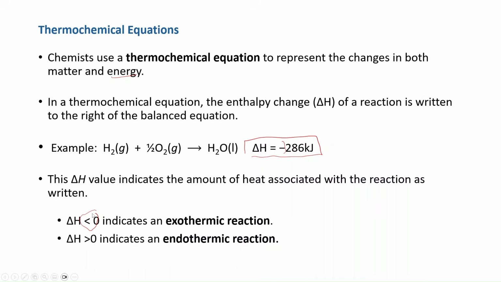Now it's payday and your paycheck is automatically deposited. When you're adding, it's positive because your balance increases. So if you think of energy as your checking account, then it's very easy to see that when you're losing, when you're throwing heat out, it's like losing money, and you're going to have a delta H that is negative. When you're gaining heat, just like when you're gaining money, delta H is going to be positive. It's a silly little thing, but it's easier than memorizing, okay?